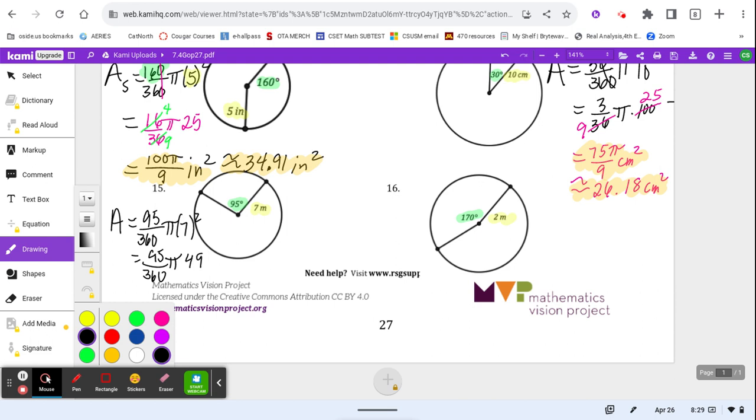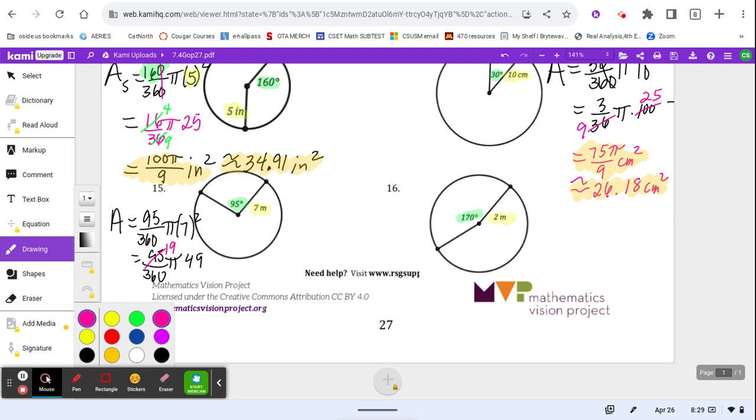Let's see if 7 goes into 360. Nope. So let's just try 5. How many times does 5 go into 95? 19 times.